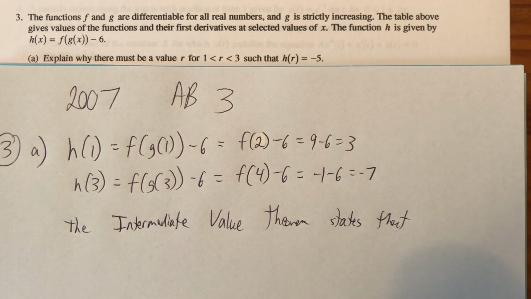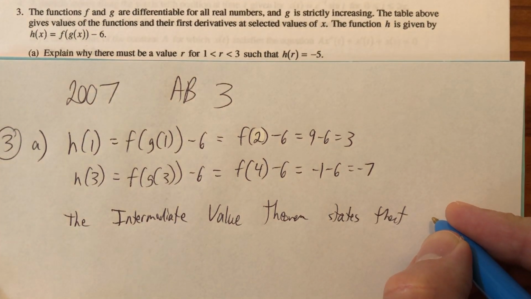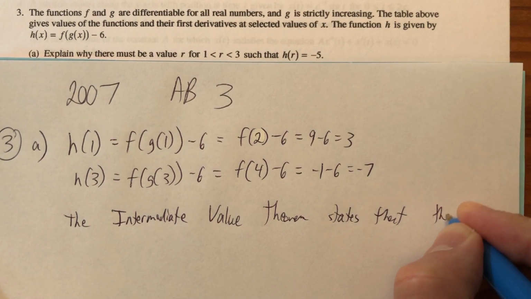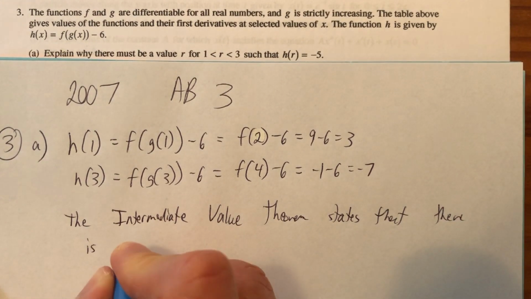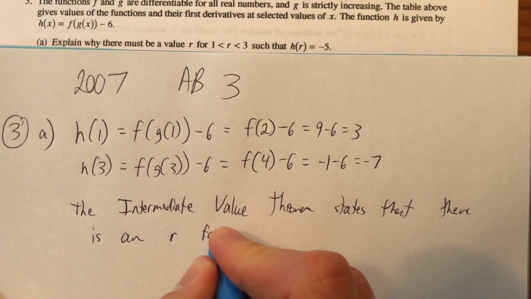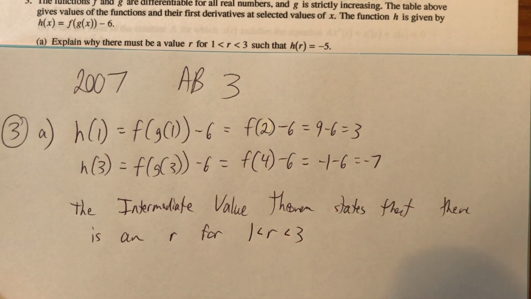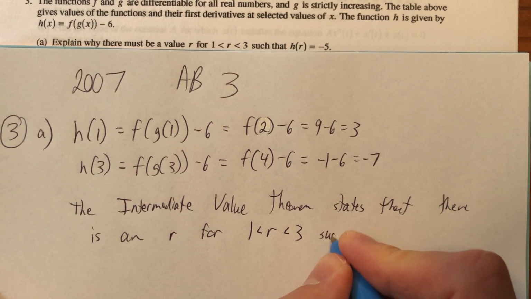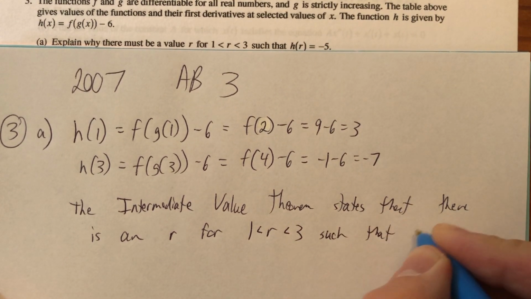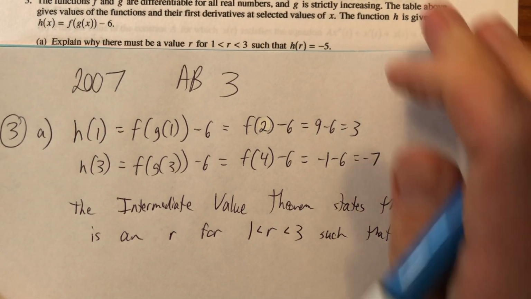That was not very well worded. Let's try this again. The intermediate value theorem states that there is an r, I'm kind of repeating the question here, for 1 < r < 3. So r is between 1 and 3 such that h of r equals -5.